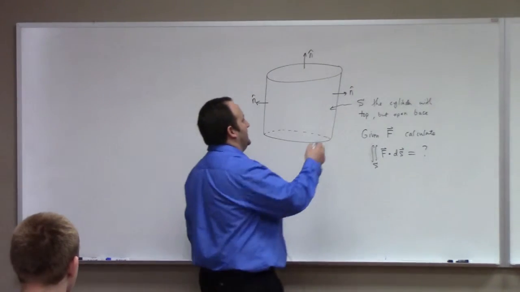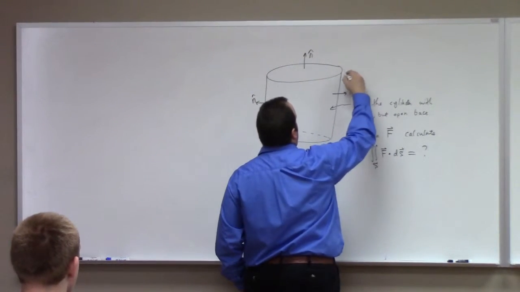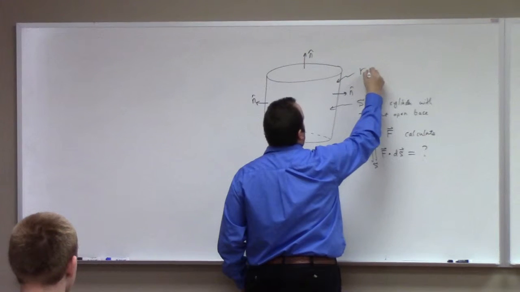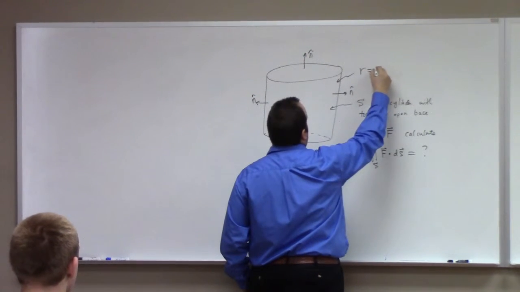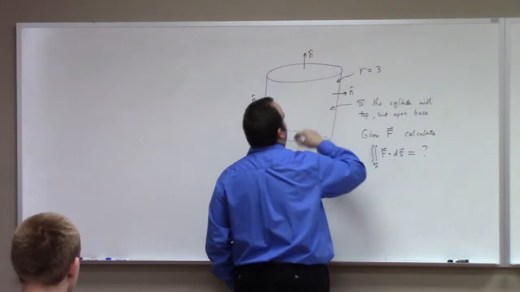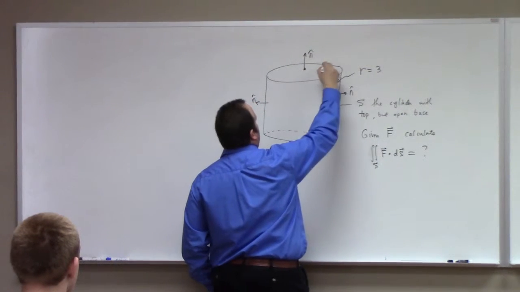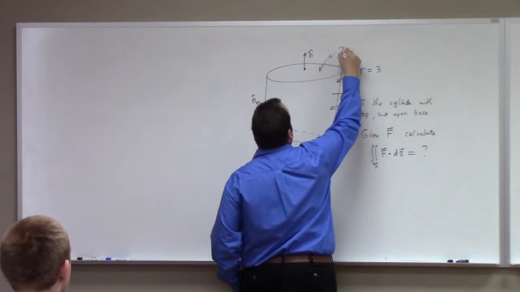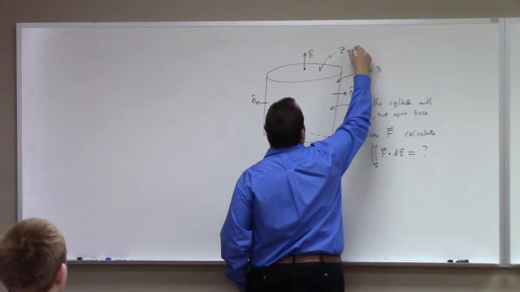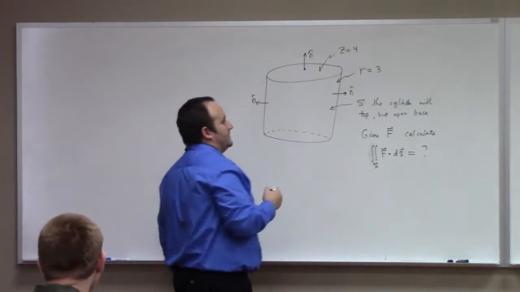And we could be more specific. Let's suppose that the cylinder in particular has R equal to 3, and let's let the top of the cylinder be z equals 4, whatever, right?